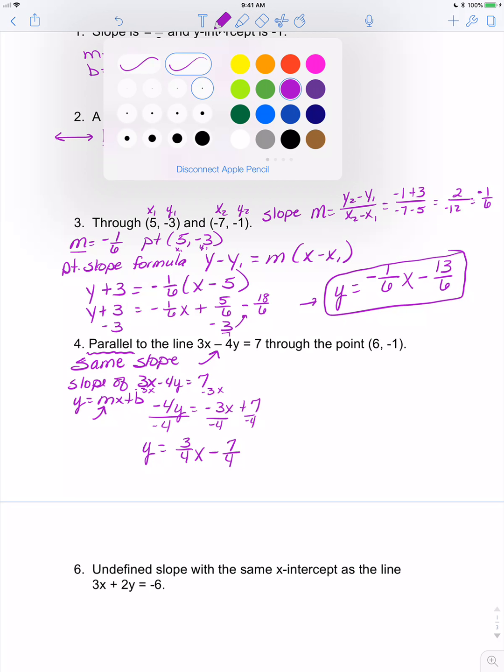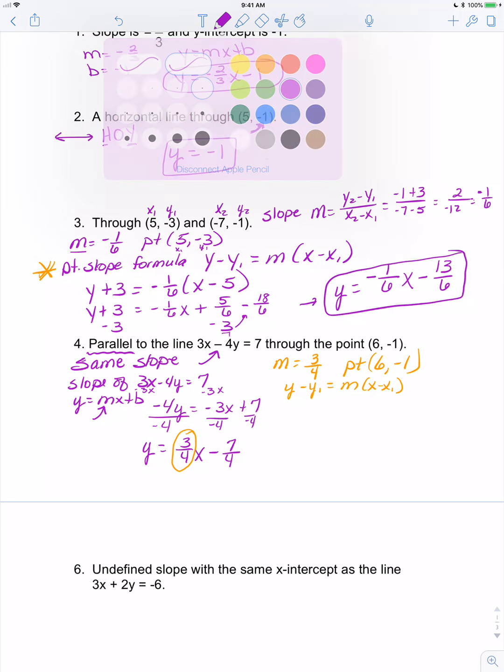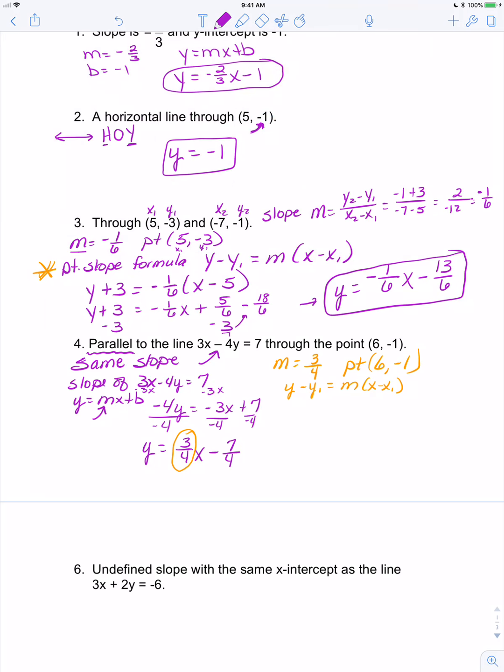Remember now, it's in this format, so I know 3/4 is my slope. So I'm given slope is 3/4, and a point on the line is 6, negative 1. Again, we can use that point slope formula. y minus y1 is equal to m times x minus x1, and we'll fill that out and then put it in slope-intercept form.